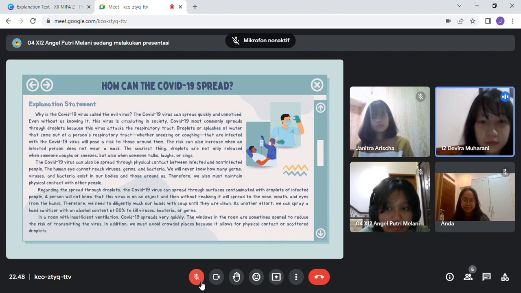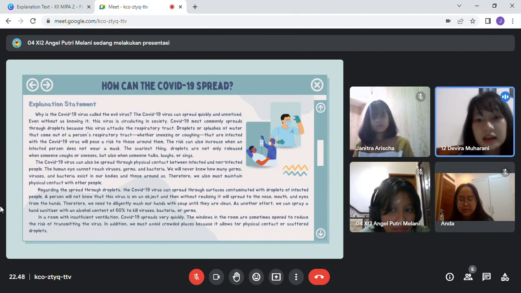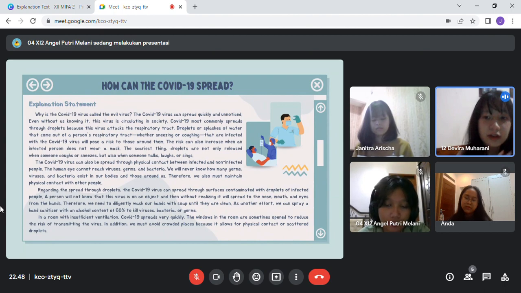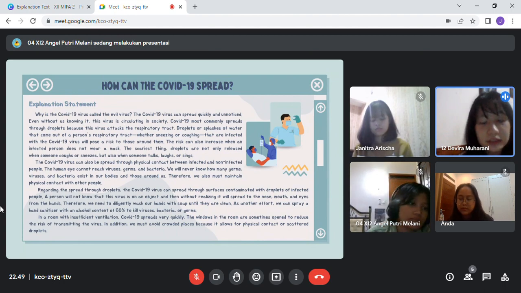Okay, so continue with Keisha. Regarding the spread of droplets, the COVID-19 virus can spread through surfaces contaminated with droplets of infected people. A person will not know that this virus is on an object and then, without realizing it, will spread it to the nose, mouth, and eyes from the hands. Therefore, we need to diligently wash our hands with soap until they are clean.